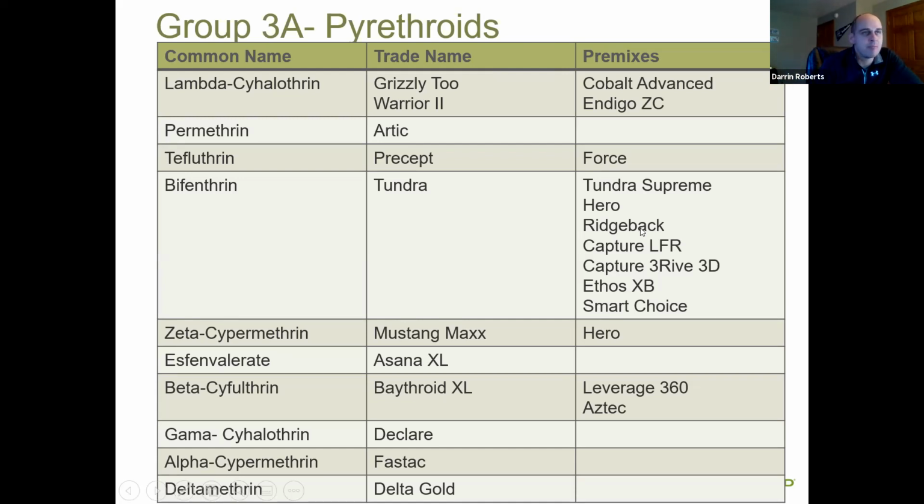A lot of the marketing you may have seen on social media talks about it as being targeted to the soybean acre, but if you look at the label, it's also labeled for corn application as well. And so it's labeled for a lot of our common insects that we run into in Iowa. But you can look through the list there for some of the other products on the market as well.